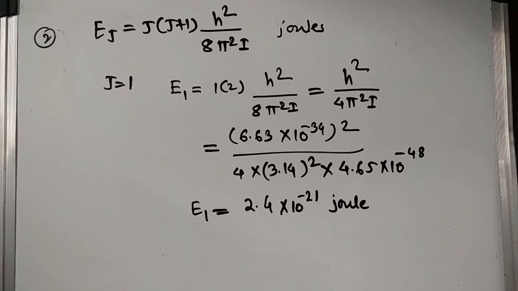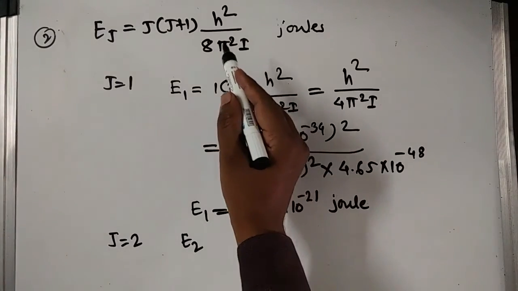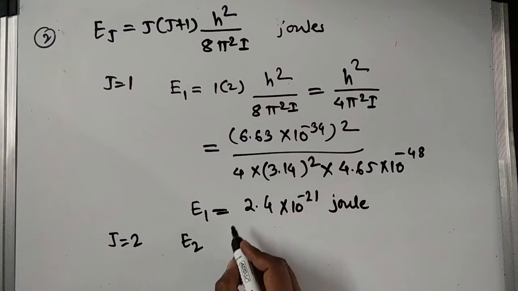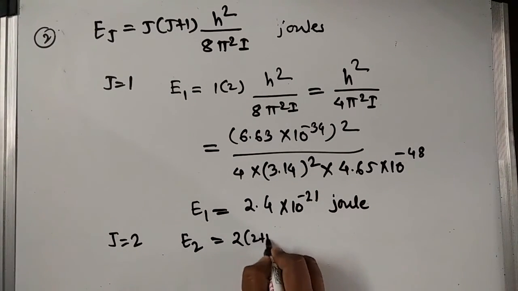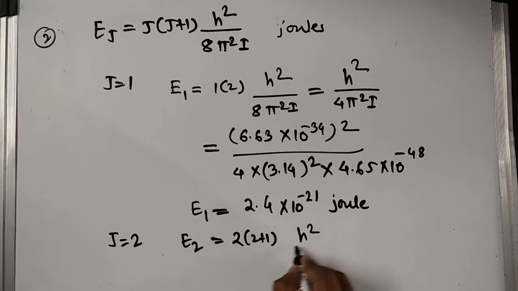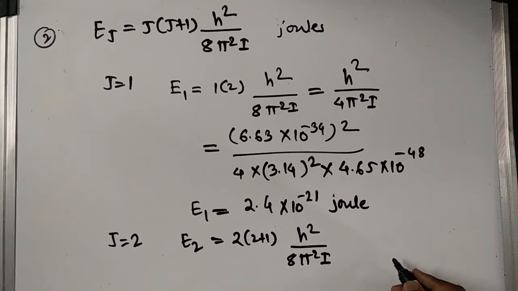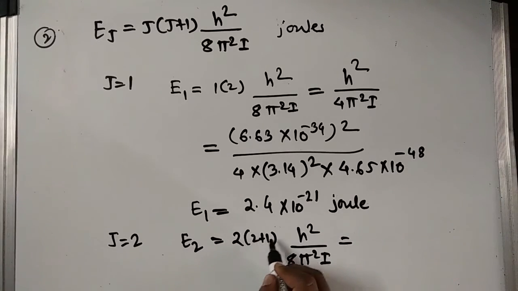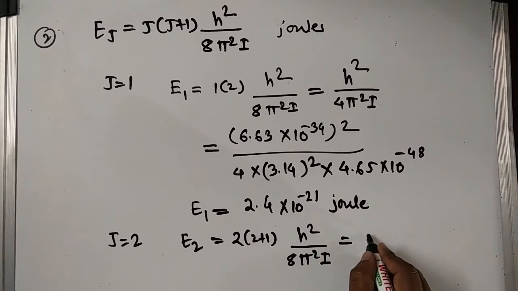Now we have to calculate the energy of the second energy level. We put J equal to 2 in the above equation, so it is 2 into 2 plus 1 h square upon 8 pi square I. This term is as it is, and 2 plus 1 is 3, 3 into 2 is 6.